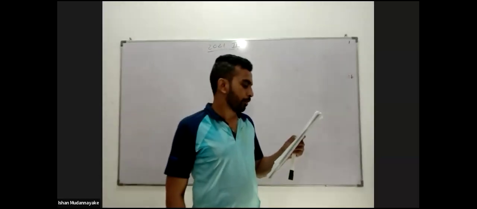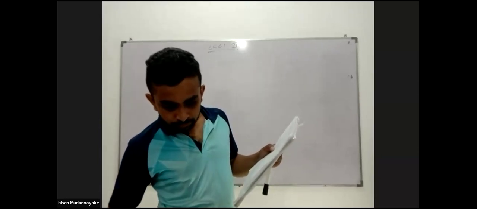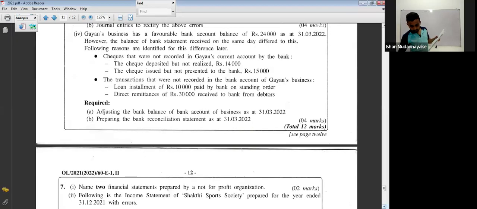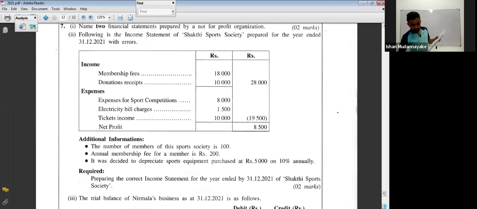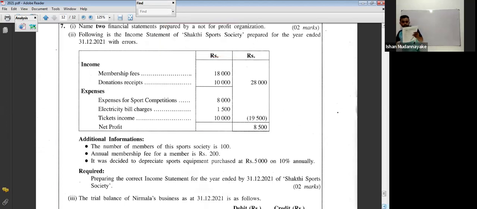Now, next one. Problem number 2. Look at the question. Following is the income statement of Shakti Sports Society prepared for the year ended 31st December 2021 with errors. Membership fee 18,000.